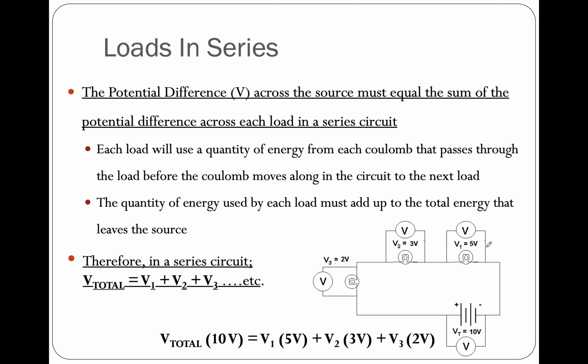So in a series circuit, the voltages will be different, but they all will add up. 5 plus 3, 8. 8 plus 2, 10. But they have to add up to the total voltage of the battery, of whatever your power source is. You can't have more or less voltage than whatever you're supplying, if that makes sense.